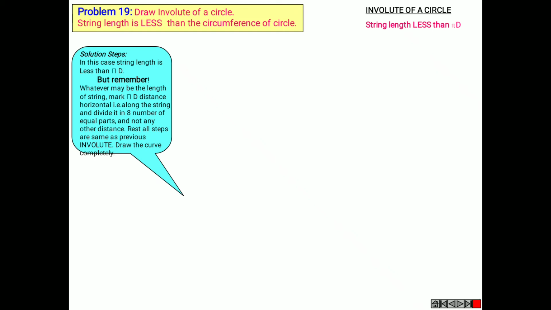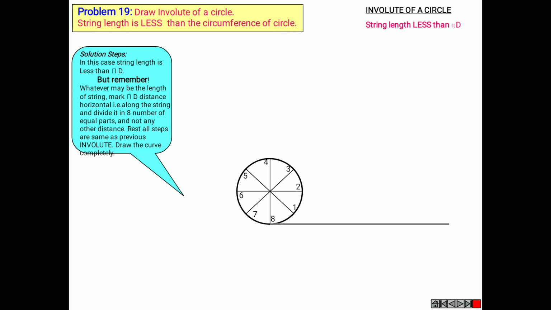Okay, draw the circle. Draw the circle with a given radius or diameter, divide the circle into 8 equal parts, mention the points 1 to 8 in the anti-clockwise order, and draw the circumference line from 8.